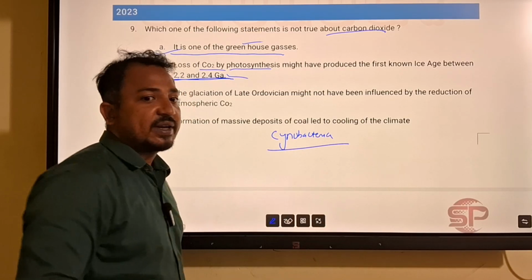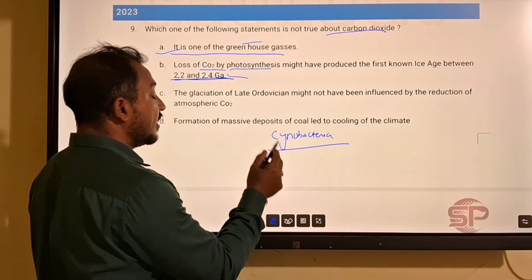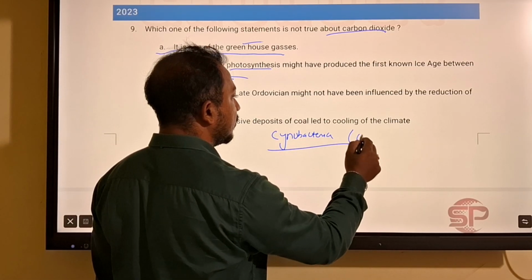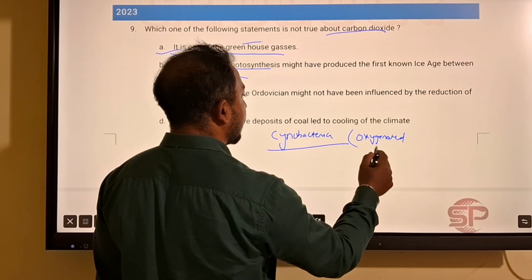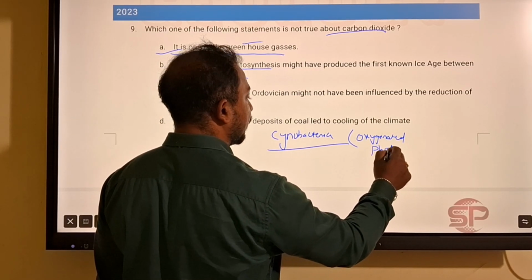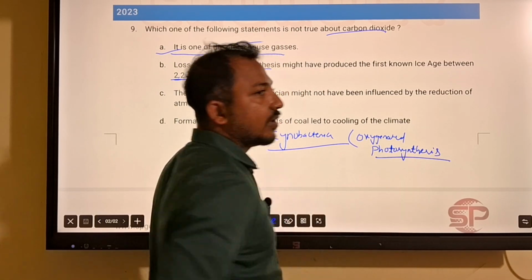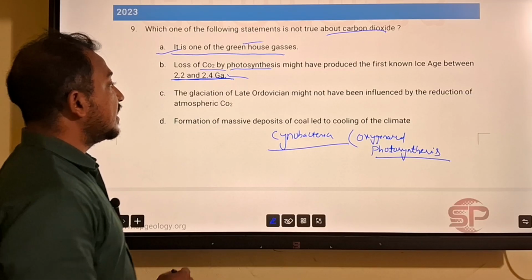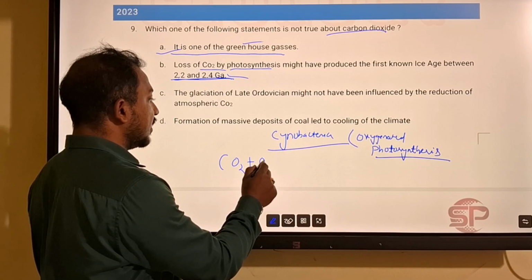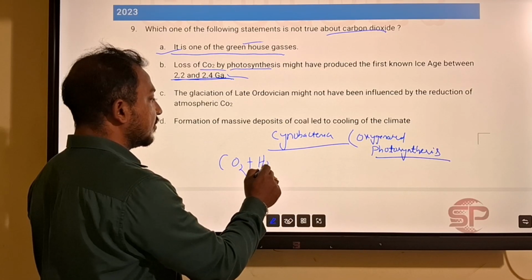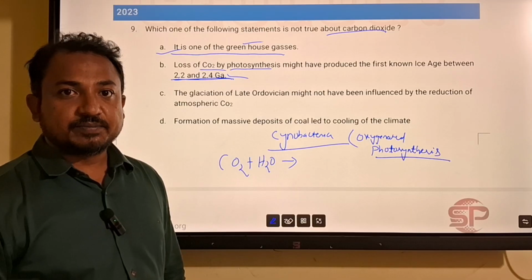Cyanobacteria do oxygenic photosynthesis. Oxygenic photosynthesis means it uses the carbon dioxide to produce oxygen.